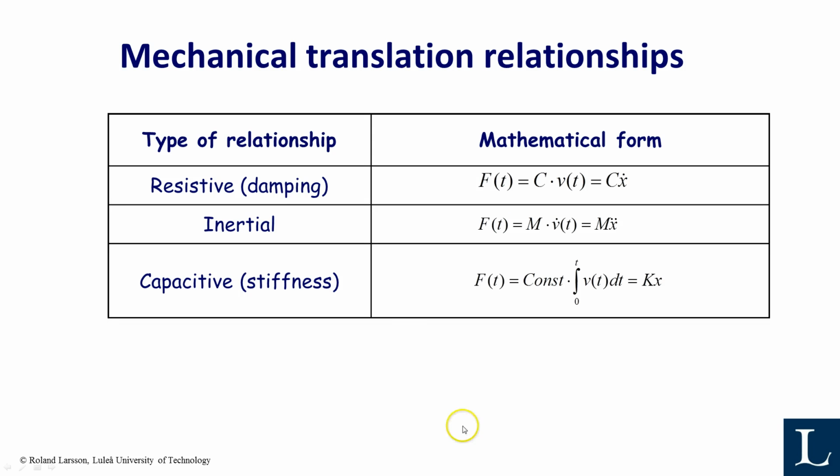So starting with the mechanics, a typical resistance is the damping. The damping is giving you resistance to motion, and normally linear damping means that the damping force is proportional to the speed. While the inertial is straightforward.